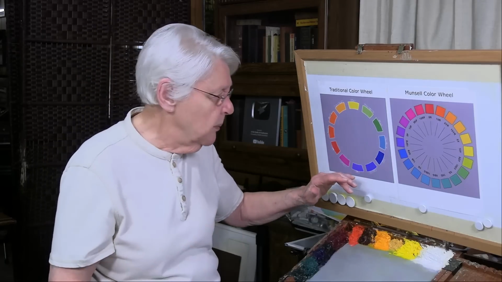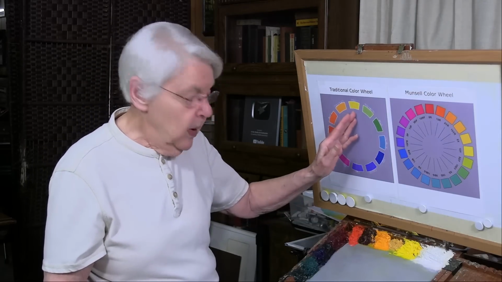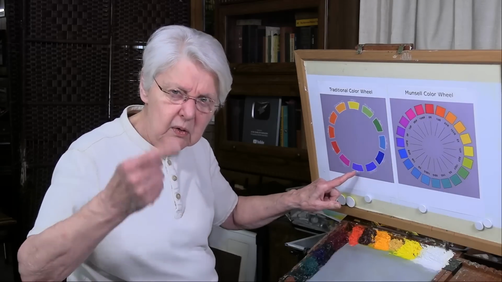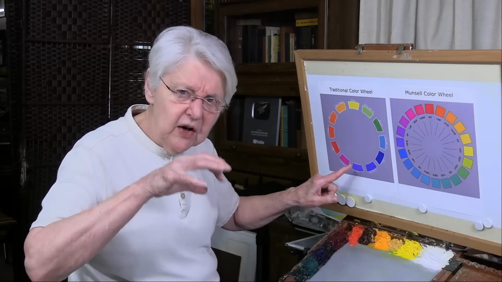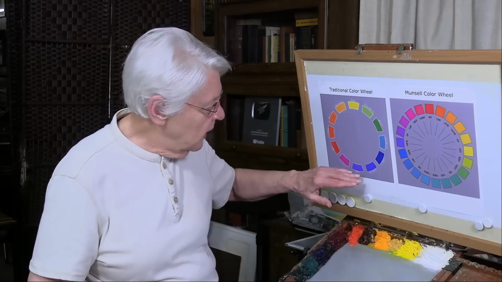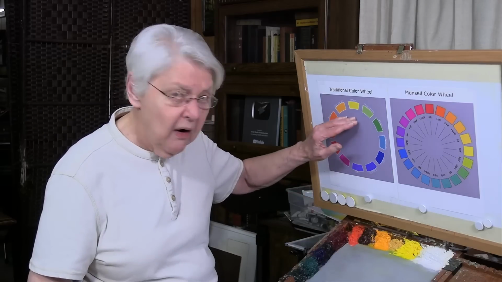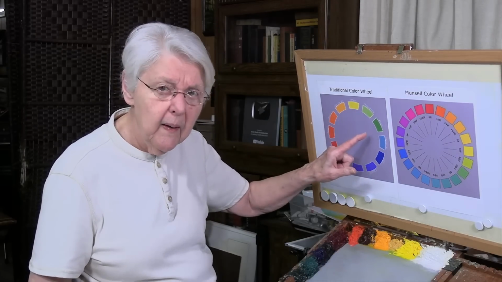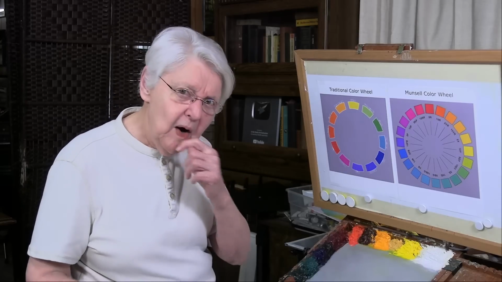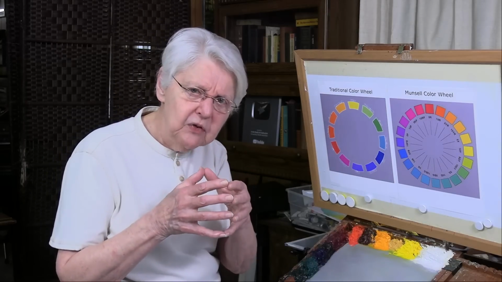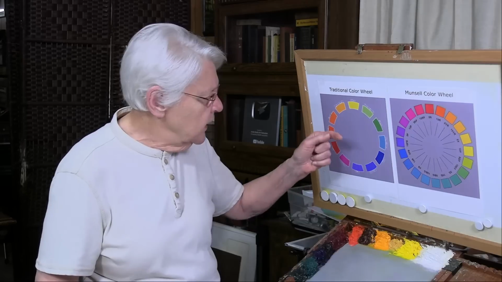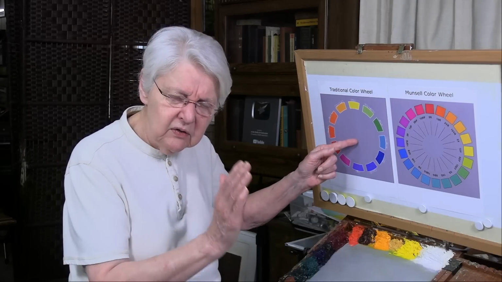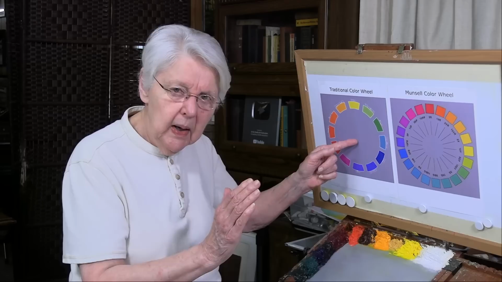Oh, I forgot the value part of it. On the color wheel, in our tube colors, we'll have a darkest dark for almost any hue that's on the wheel there. And because hue behaves the way it does, as a hue goes darker and darker, it's not getting as much light.